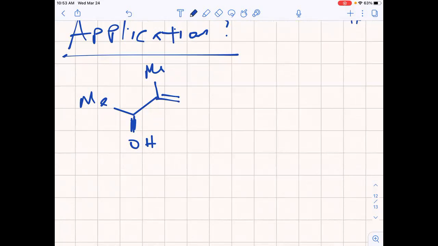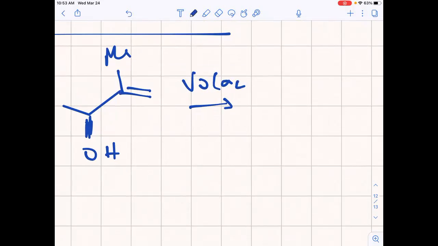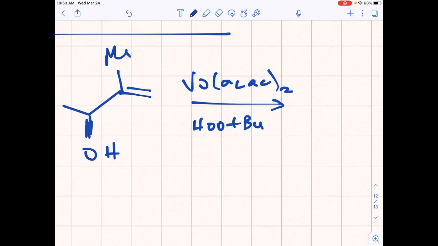So I'm going to treat it with this vanadium catalyst, VO(acac), and the acac is just a ligand, acetylacetonate, and then treat it with tert-butyl hydroperoxide. This is an example of a directed epoxidation.